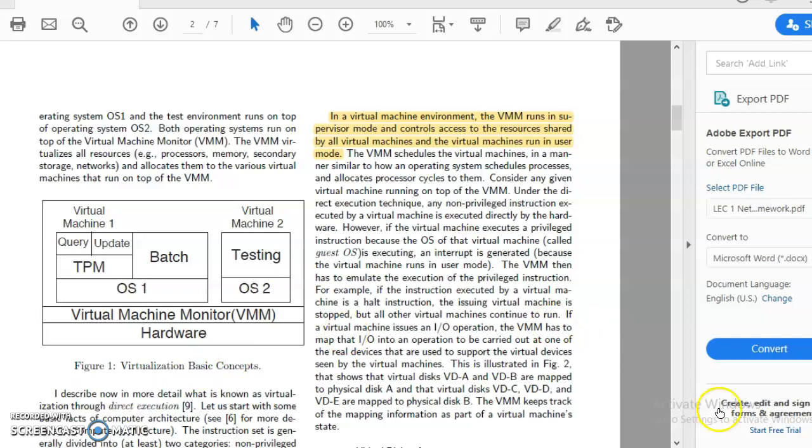So in a virtual machine environment, the virtual machine monitor VMM runs in supervisor mode and controls access to the resources shared by all virtual machines, and the virtual machines run in user mode. Why user mode? In user mode you cannot use the privileged instructions.